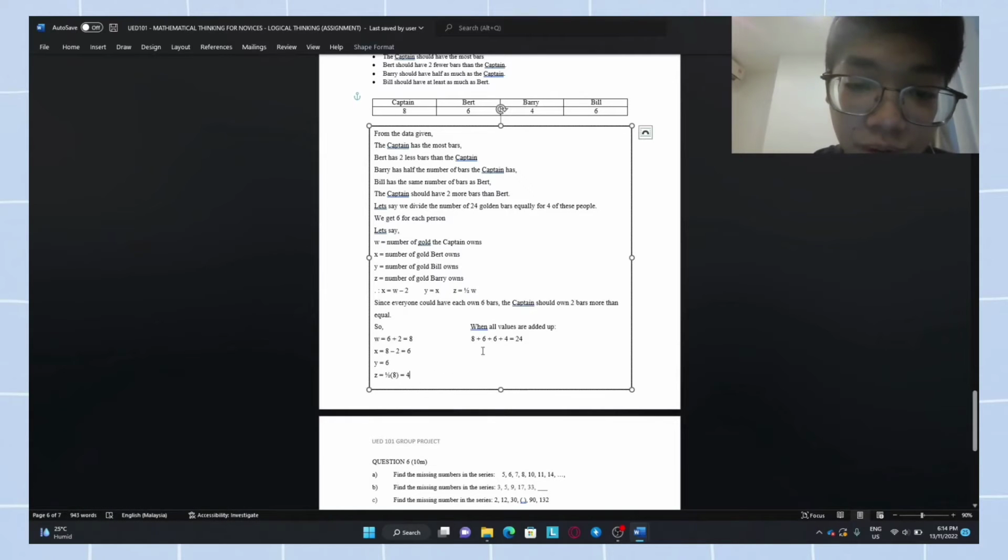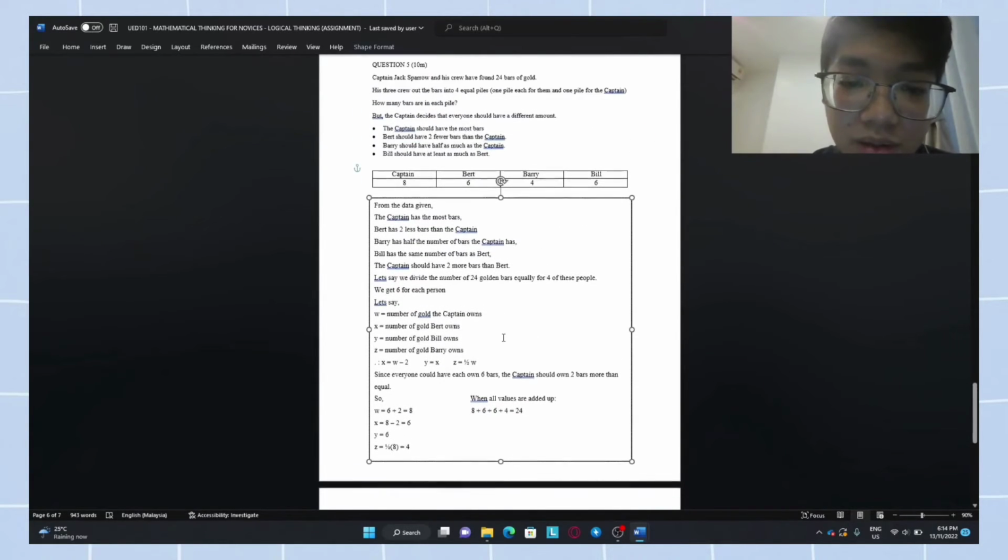So we get 4. To prove that everyone has 34 bars when added up, we can calculate these amounts. We can sum up these amounts to prove that everyone would have 34 golden bars.